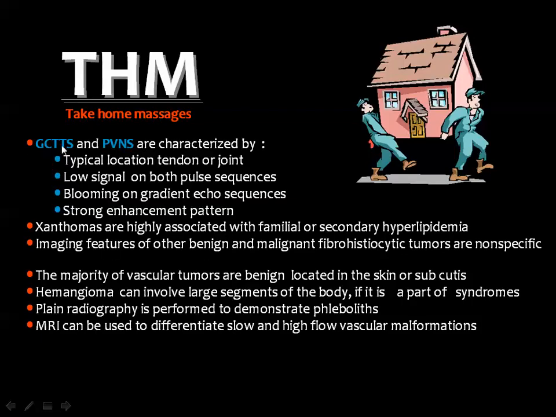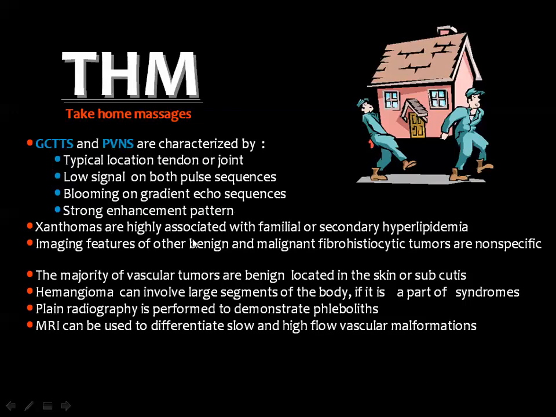The giant cell tumor of the tendon sheath and pigmented synovitis both belong to the same category, and they are characterized by typical location either in relation to the tendon or the joint, low signal in all pulse sequences in the T1 and T2, may show some brightness in the STIR, blooming on gradient echoes, and strong enhancement after injection of contrast.